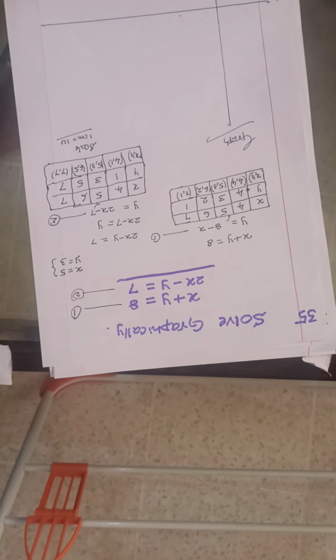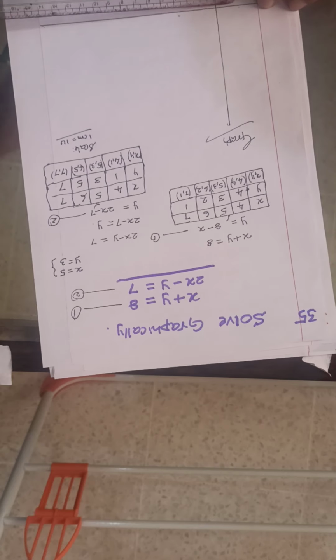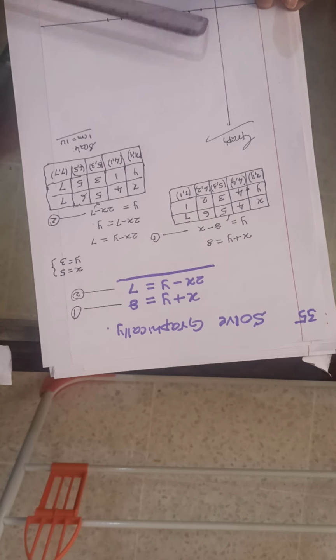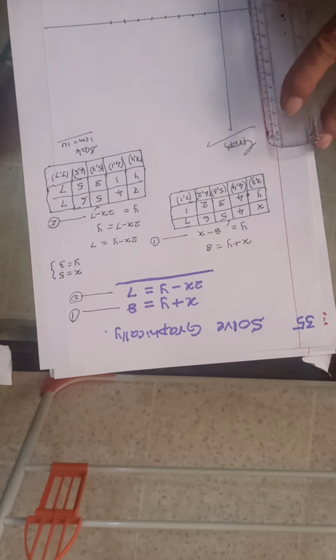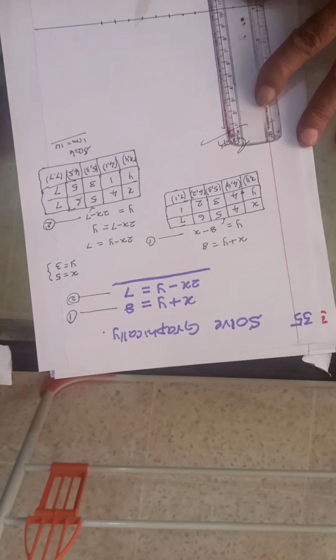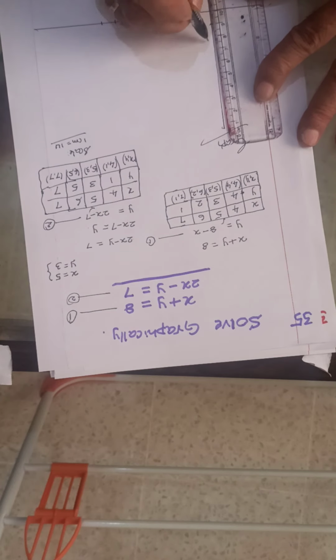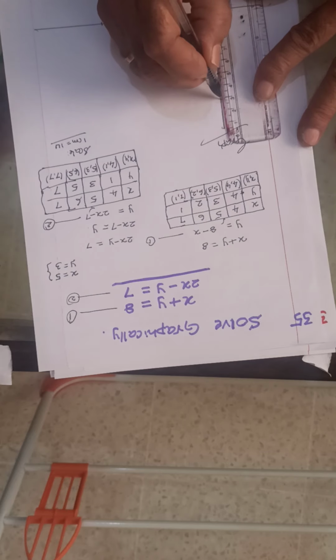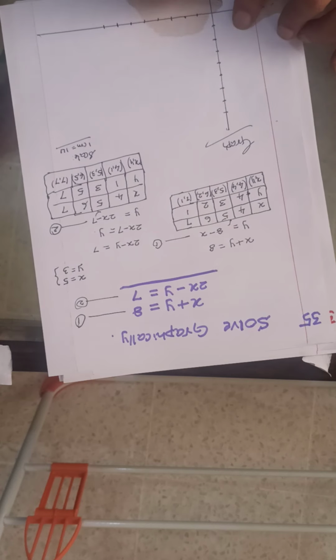Now look here, I will mark like this. Exactly 1 centimeter each: 1, 2, 3, 4, 5, 6, 7 is enough, so maximum 7. For y also, maximum 7 here. Like this: 1, 2, 3, 4, 5, 6, 7, 8. Now this is the origin.